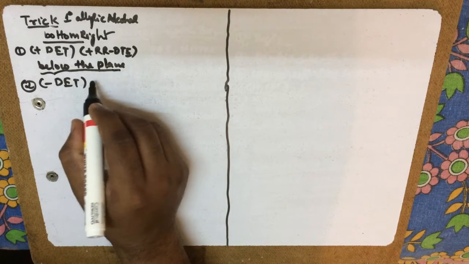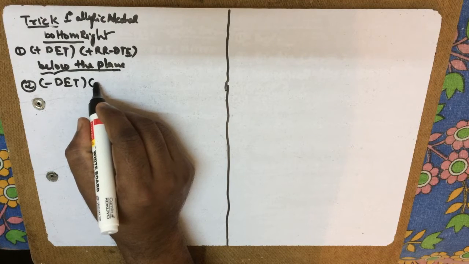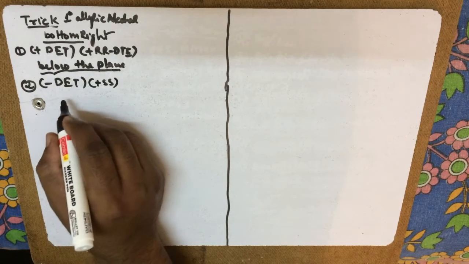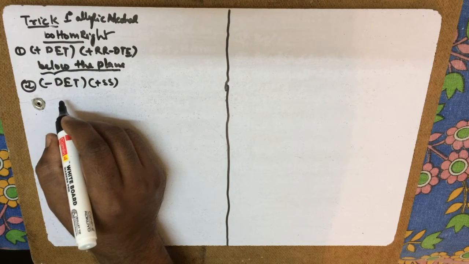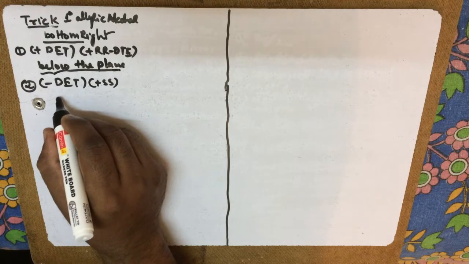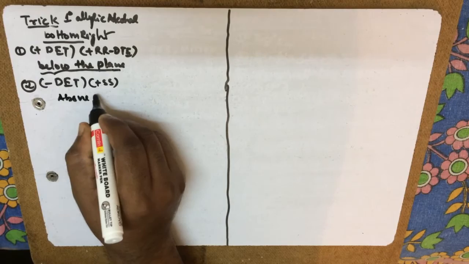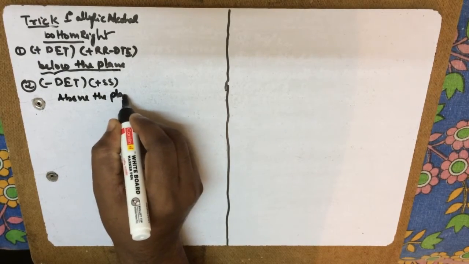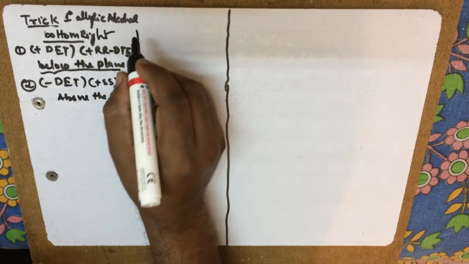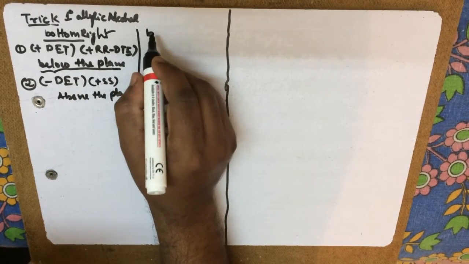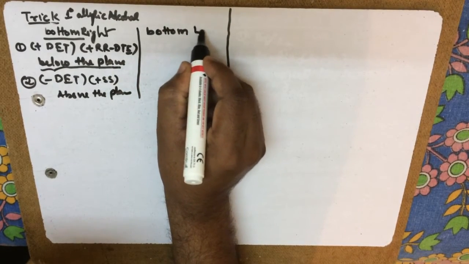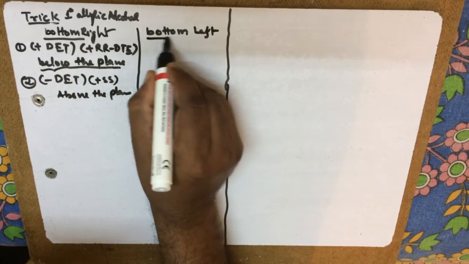If minus DET, meaning SS, then your epoxide forms above the plane. If your allylic alcohol is at the bottom left, then what will happen?